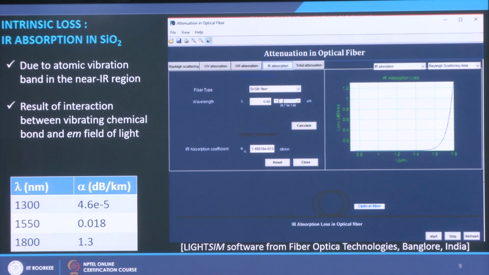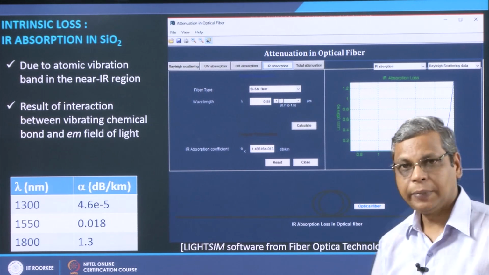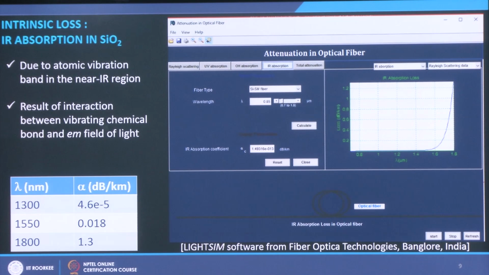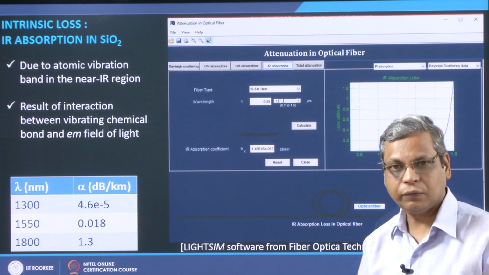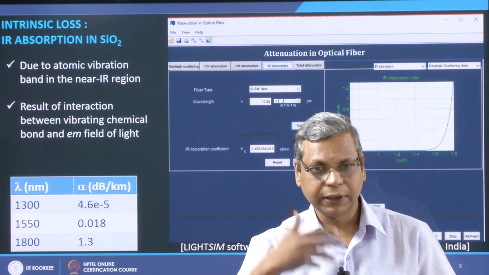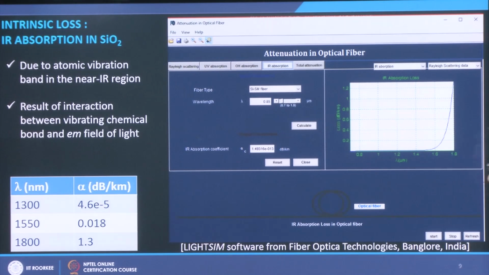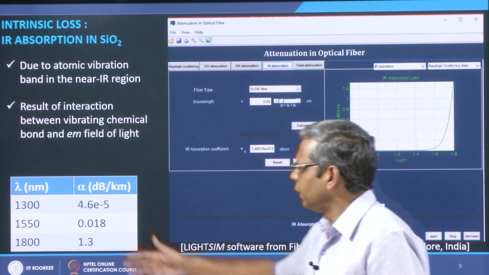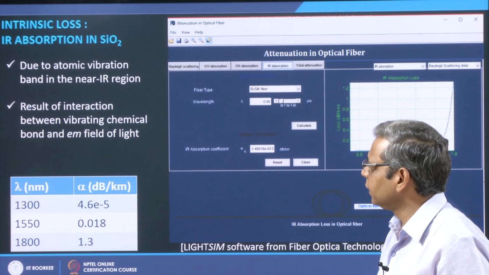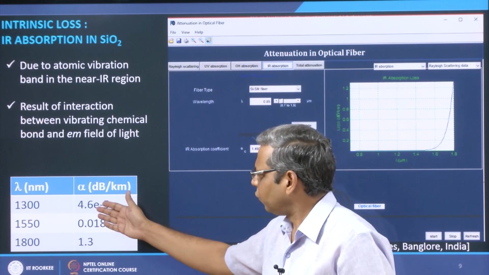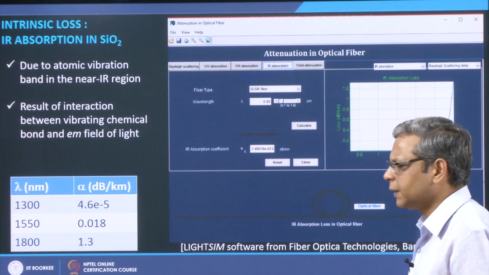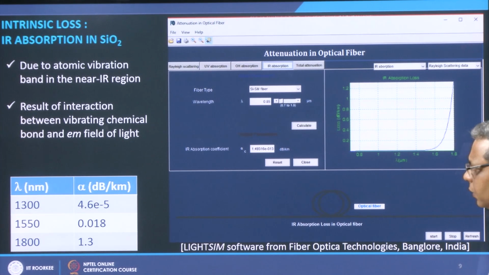This IR absorption is due to atomic vibration band in the near IR region, and it is the result of interaction between vibrating chemical bonds and electromagnetic fields. These electromagnetic fields give energy to these vibrating chemical bonds, and this causes attenuation in this wavelength range. I have marked here 3 wavelengths. At 1300 nanometer, it is very small, 4.6 times 10 to the power minus 5 dB per kilometer.